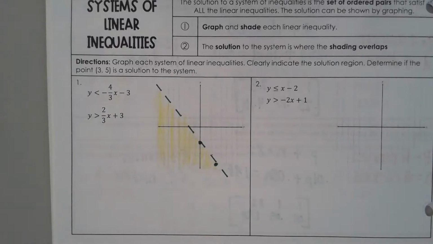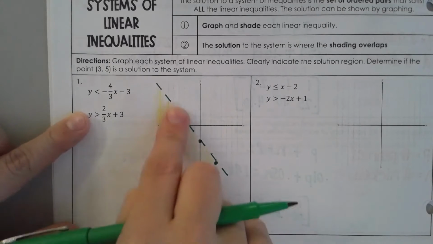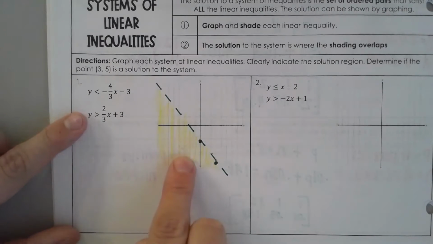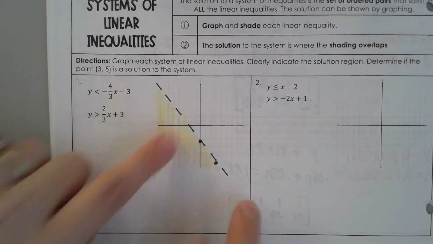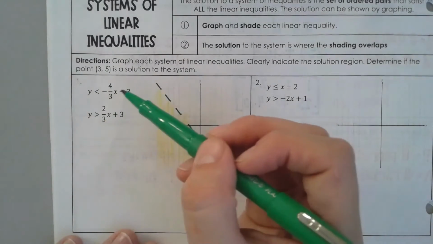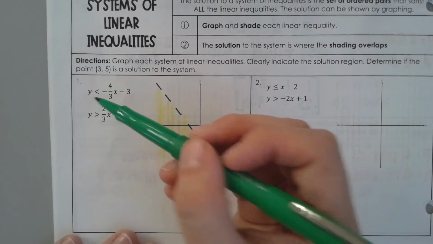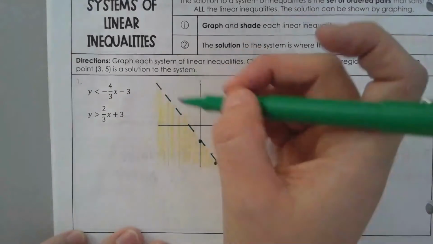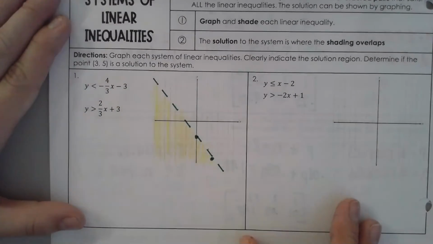And then we go to our other line. So this yellow right here, every point that I've shaded, if I plug the X and the Y in here, it would be true. And the reason that it's dashed is because these are the points that would make it equal to. And this inequality does not have the equal to spot. So none of those points that are directly on that line would actually fit that inequality.